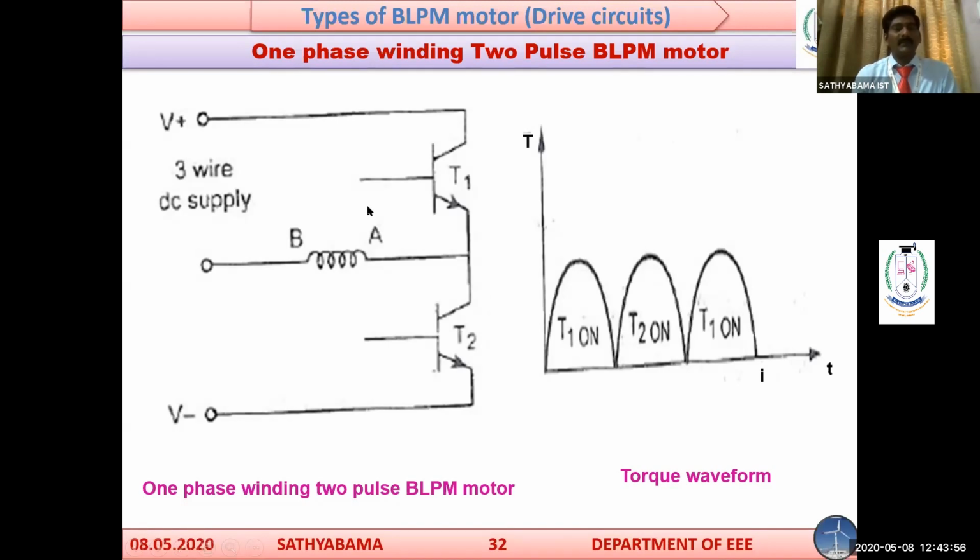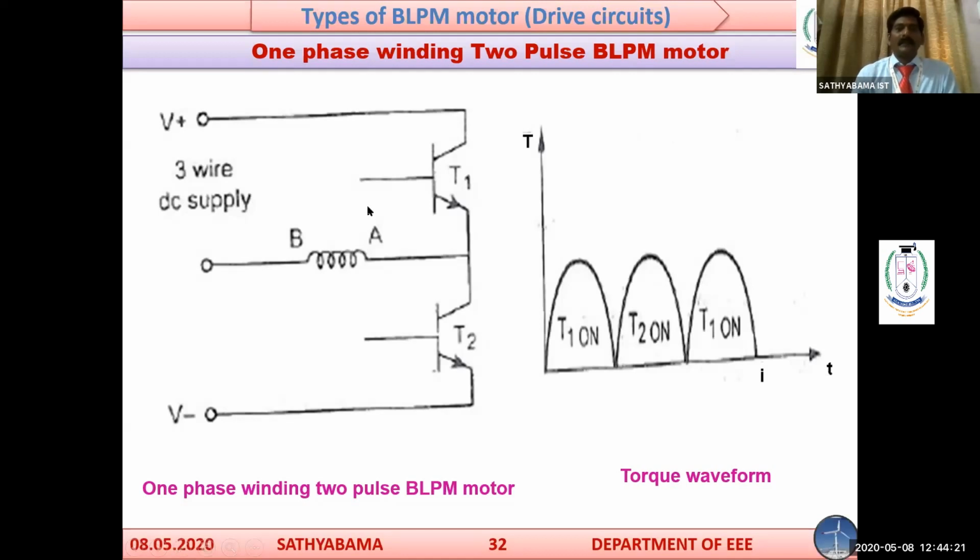This is similar to the one phase winding and one pulse. Similarly, we have three-phase winding and three pulse, and three position sensors are required. The merits are a better torque waveform, and the demerits are less utilization of the devices and the windings. The cables with the rotor position sensor should be made properly.